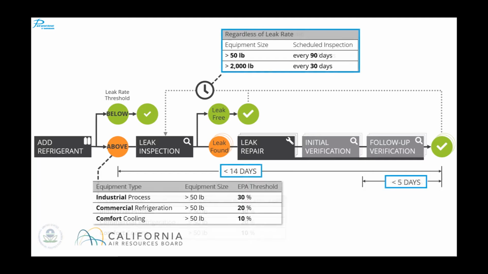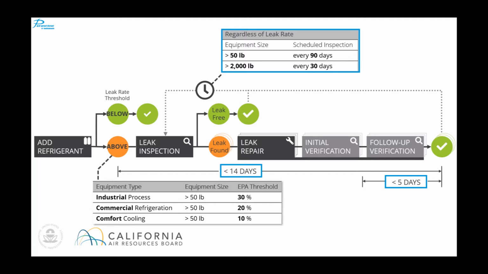Looking at CARB, there are 2 key differences for organisations under CARB regulations. Firstly, the time frames for completing repairs is halved to 14 days, and 5 days is allowed between the initial and follow-up verifications. Secondly, is on the periodic leak checks.